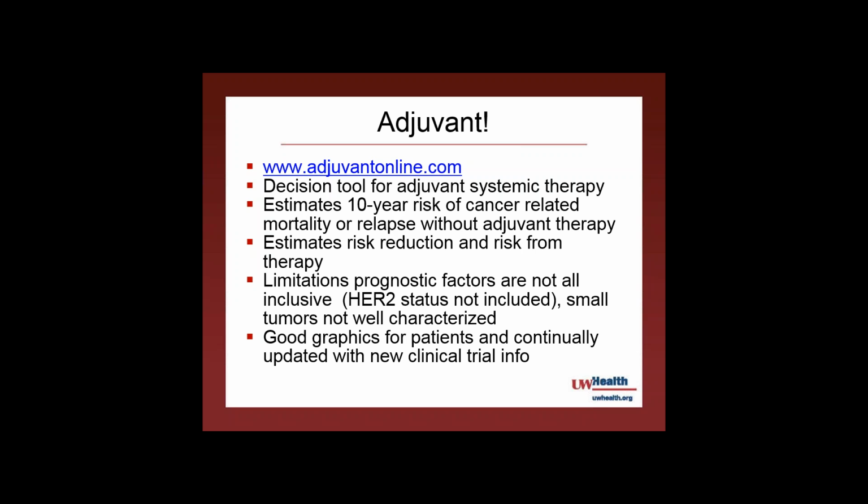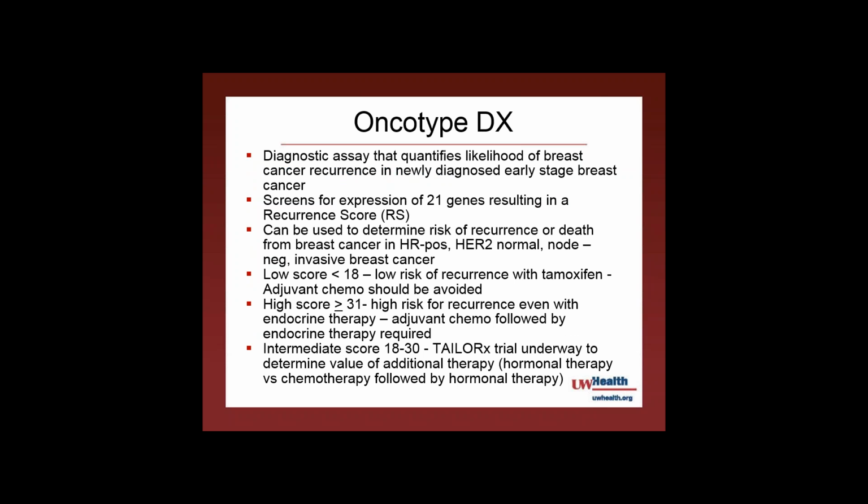HER2 status was not included, and small tumors are not well characterized when you're looking at this. It has good graphics, however, for patients, and it's continually updated with new clinical trial information. So again, that's a decision tool for whether patients should receive adjuvant systemic therapy, because they don't all get it.